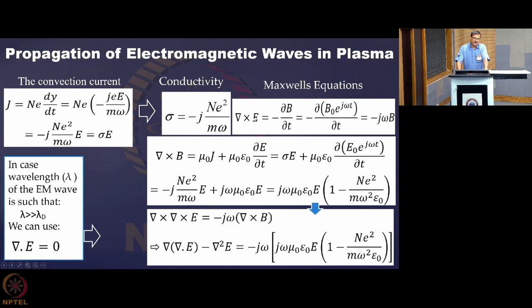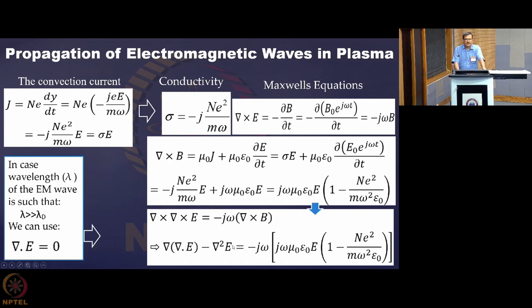Now what you do, you come back to the first equation, curl E is equal to minus j omega B. Now you take a curl of this one, curl of E, then this side curl applies, and you get minus j omega into curl of B. You expand the left side, curl of curl E, which is gradient of divergence E minus del square E. On the right hand side is minus j omega and curl B multiplied by, and this curl B expression we have just got here: curl B is equal to j omega mu 0 epsilon 0 E into 1 minus n square by m omega square epsilon 0. Just put it over here.